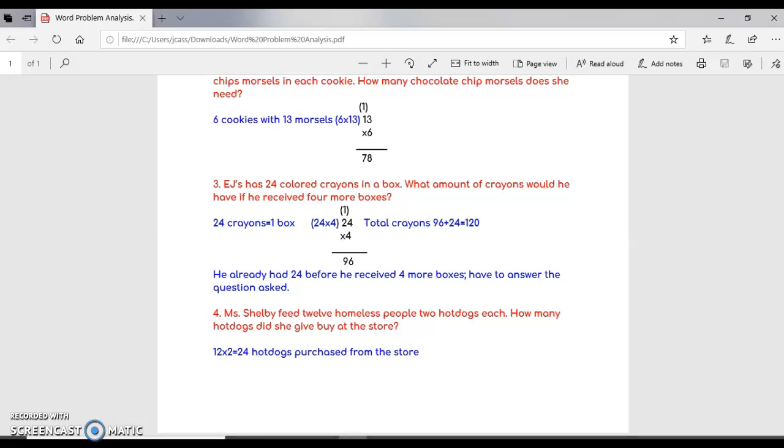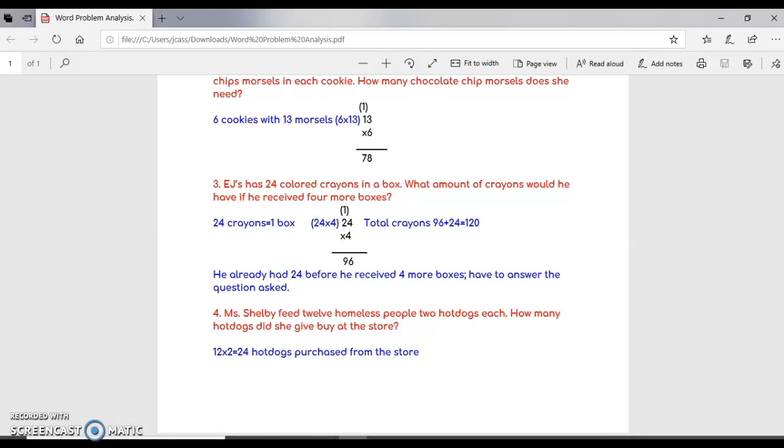She didn't read the question to answer what the question was asking, which is what amount of crayons would he have if he received 4 more boxes. So the fifth grader stopped at 24 times 4 equaling 96, and they did the same thing, 24, 24, 24. They wrote 24 4 times to get an answer of 96.